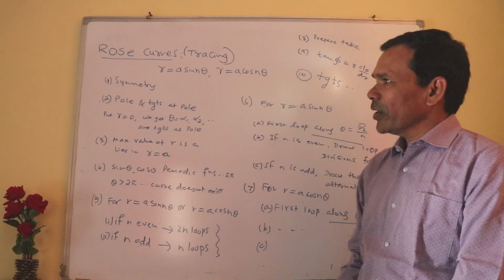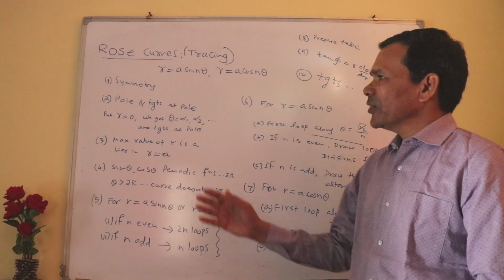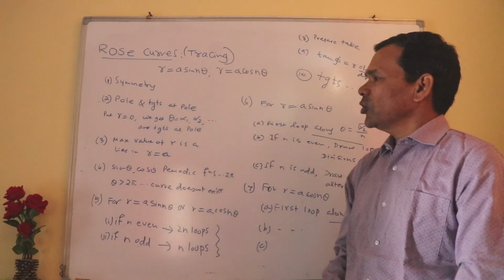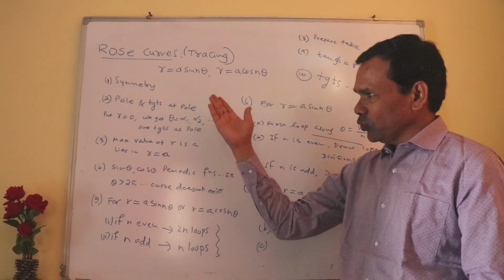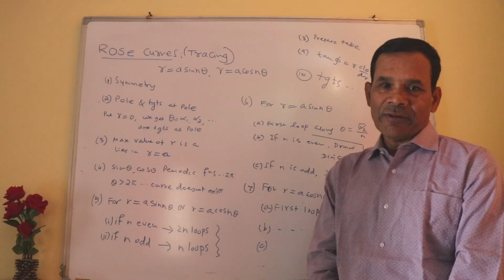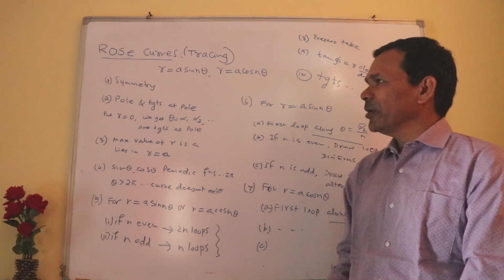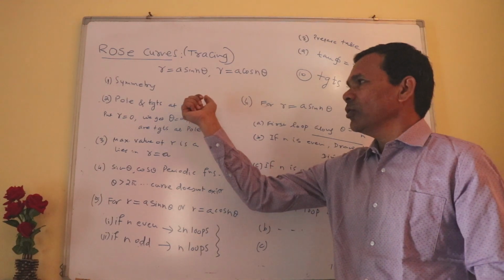We go with the points that we have already seen in polar coordinates. This is a polar curve, of course. So we go with symmetry and check the symmetry for these two curves. As usual there are 3 points. If theta is equal to minus theta in the equation of the curve and the equation remains the same, then the curve is symmetrical about the line theta is equal to 0.